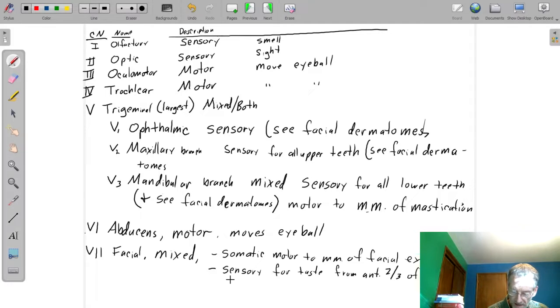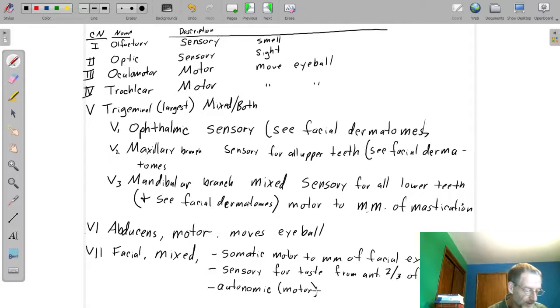And then we have autonomic fibers also running within the facial nerve. So are these going to be sensory or motor fibers, these autonomic fibers, or both? Yeah, it's motor. Smooth muscle, cardiac muscle, or glands.